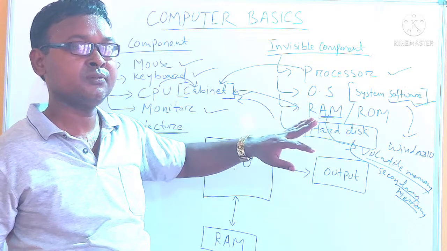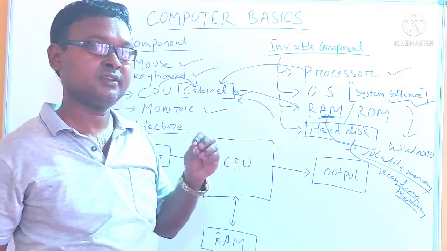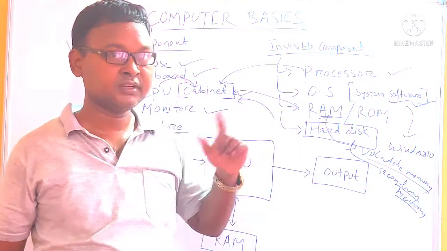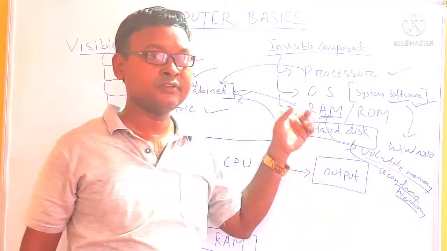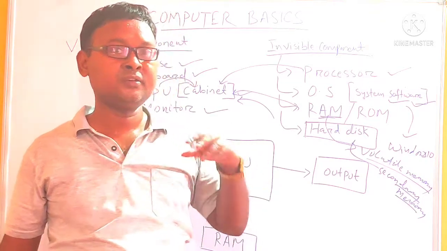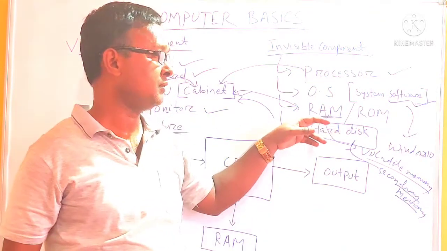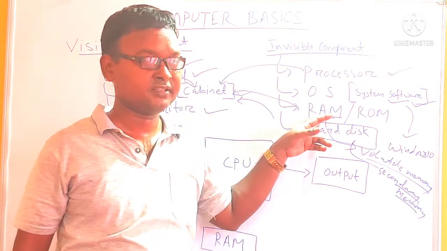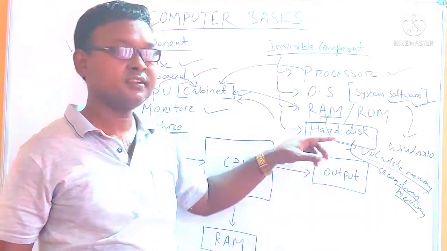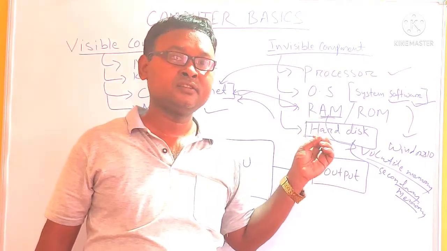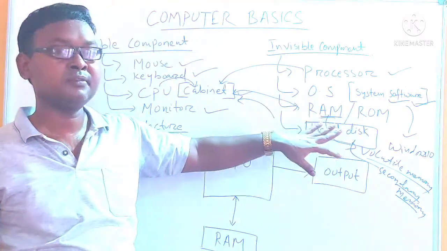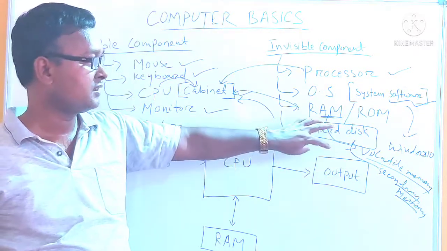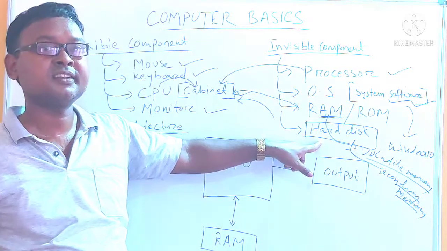The information will be kept permanently even when you are switching off your computer system. But that is not the case with RAM. When you switch off your computer system or the power supply goes off, the information or data will be erased from the RAM, random access memory. But in the case of hard disk, the information, data, and all instructions will be permanently stored.